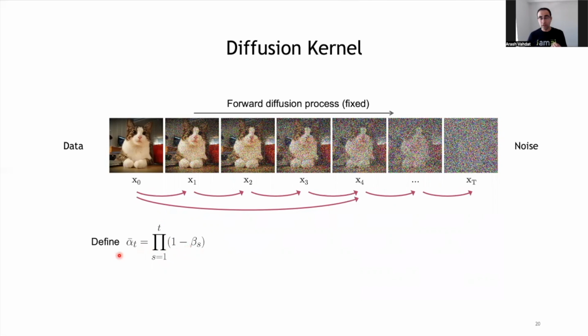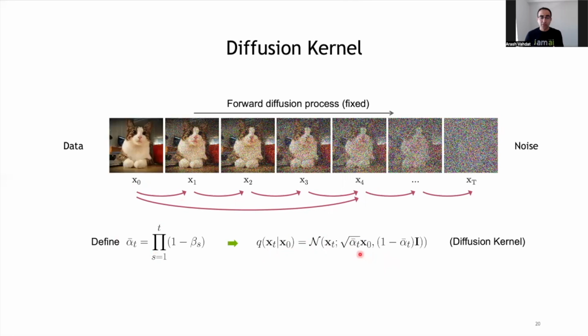And having defined this alpha bar t, now we can define a Gaussian kernel, or the diffusion kernel, that would generate xt given x0. So, for example, using this Gaussian kernel, we can sample x4 given x0. This will be again a normal distribution where the mean is the same as the input image rescaled with this square root of alpha bar t, and the variance is 1 minus alpha bar t.